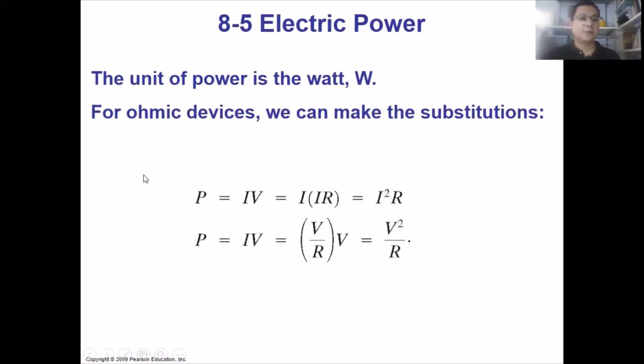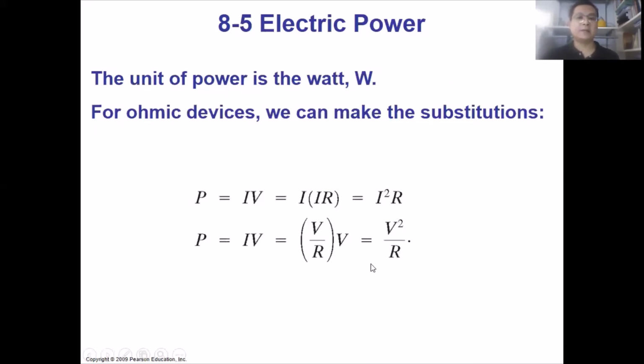We can simplify further. Since V is equal to IR, we get P equals I squared times R. If I is equal to V over R, we get P equals V squared over R.